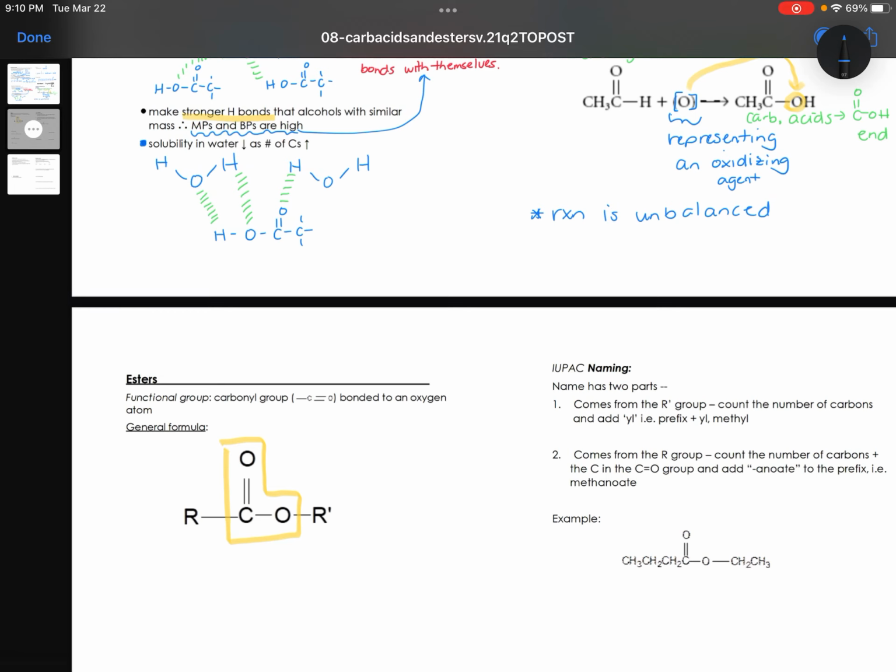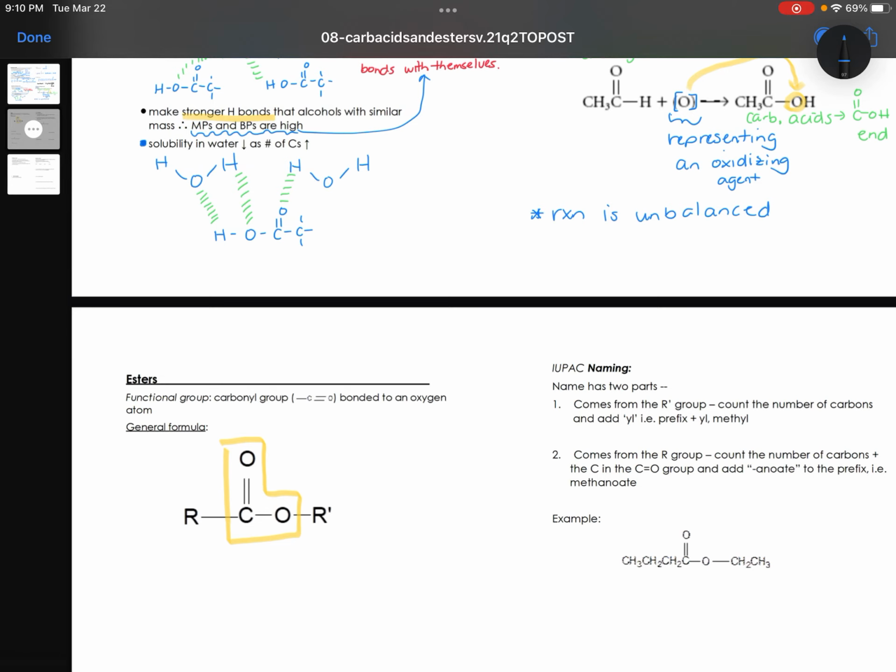Because esterification, making a polyester, is a very important reaction in biochemistry as well. So there's a very good chance that you have already talked about and looked at esters as a functional group and esterification as a reaction.